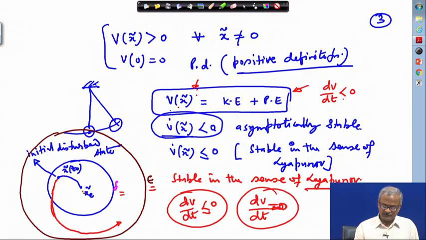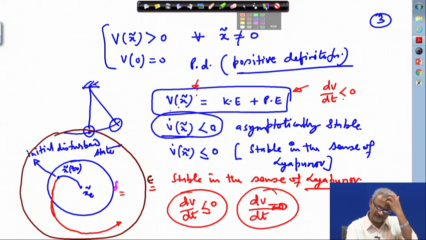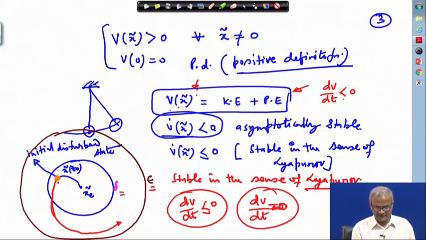If you are looking for asymptotic stability, I will show it in some other color. If the system is asymptotically stable and you leave it here, it will never leave the epsilon neighborhood, and thereafter over a period of time it will decay to the equilibrium position.